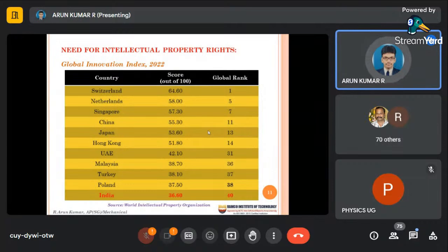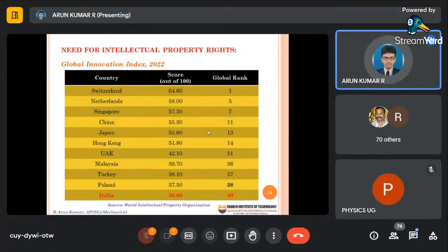Now, I would like to make a point here: the UN is predicting India to be the most populous country in the world, with a population more than 40 lakhs higher than China by the end of the year 2022.